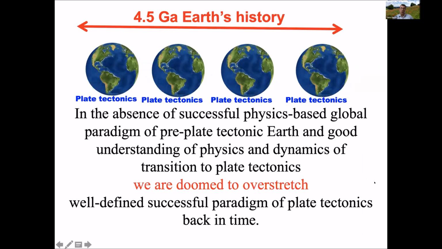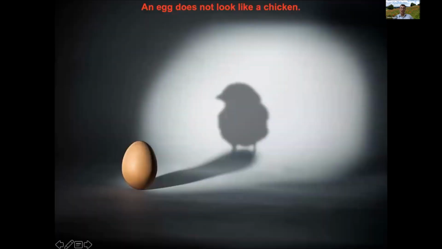Therefore, we are doomed to overstretch the well-defined and successful paradigm of plate tectonics back in geological time. So these dangers should be recognized and you should take them into account. Every time you want to stretch plate tectonics back in geological time, you should admit that you are doing this because your intuition is calibrated on plate tectonics. It's such a successful paradigm that it's spoiling.